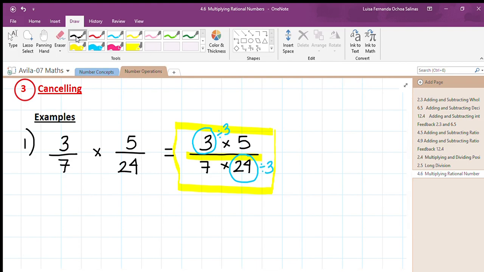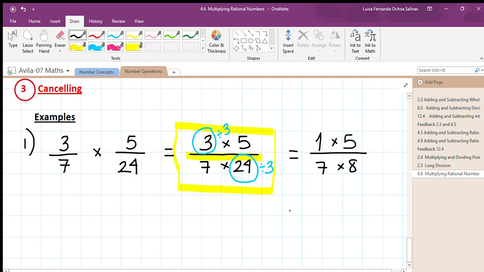And now what is happening? 3 divided by 3 is going to be 1, times 5 over 7 times 24 divided by 3, which is 8. And now I can do this multiplication because it's much easier, smaller numbers. So I got 1 times 5 and 7 times 8, which is going to be 56.